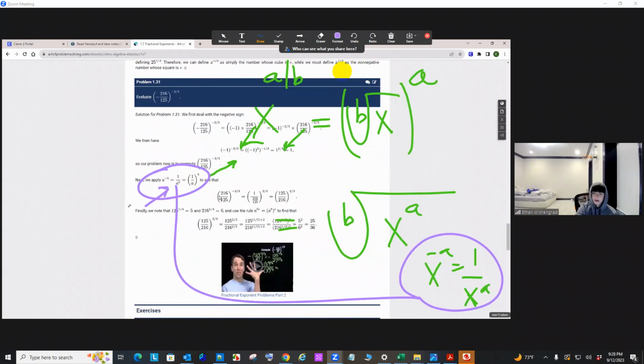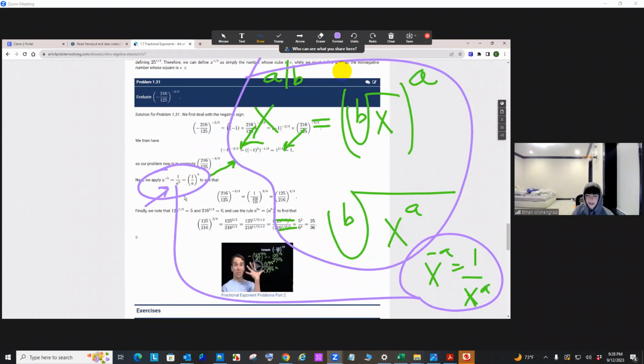Really, they don't explicitly have this here, do they? And he also doesn't explicitly tell it to us. He just reads it. This is introduction to algebra.